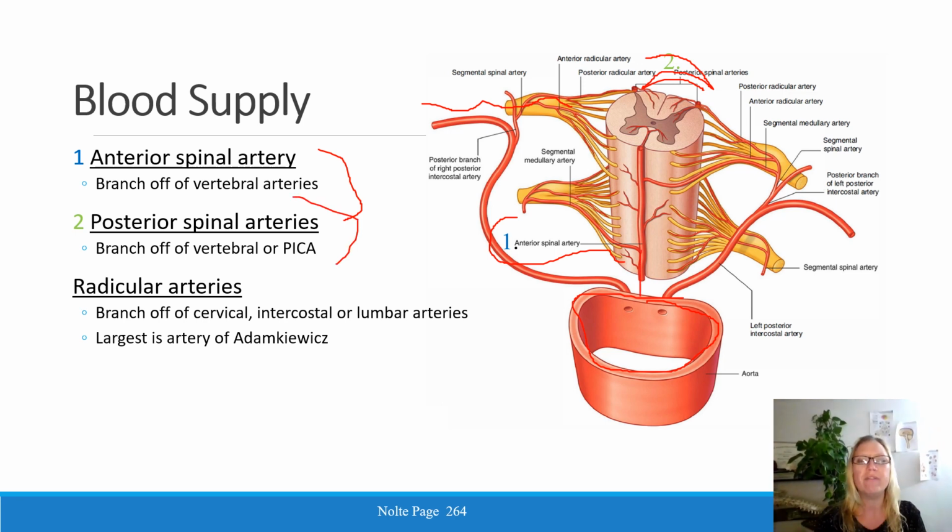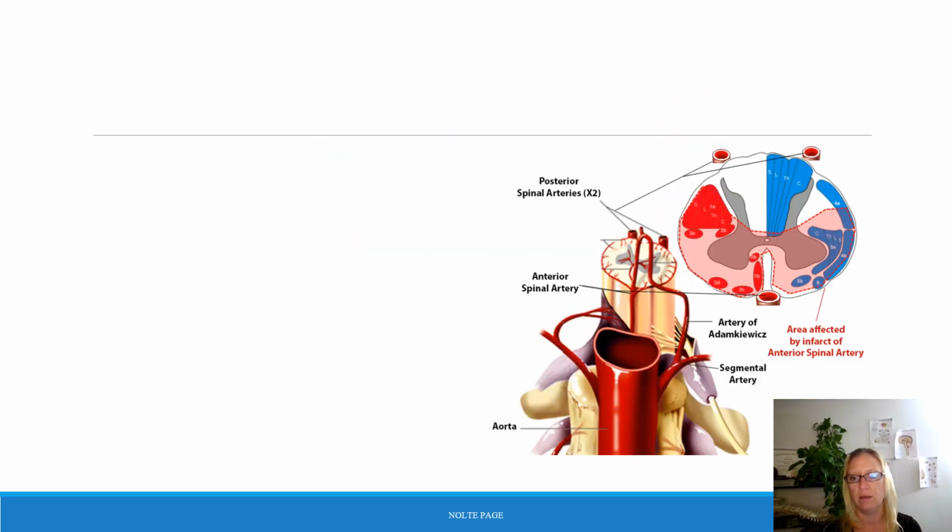Posterior branches off of PICA, posterior inferior cerebellar artery. Radicular arteries branch off of cervical, intercostal, and lumbar arteries, and the largest is the artery of Adamkiewicz. Artery of Adamkiewicz, right? So we can see the artery of Adamkiewicz right here, just the largest one coming off of that.